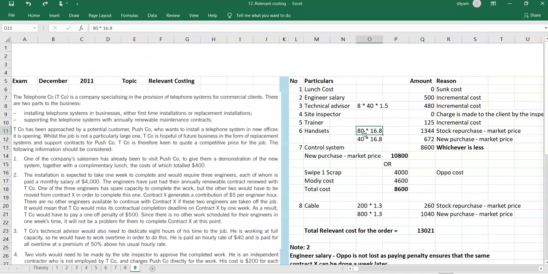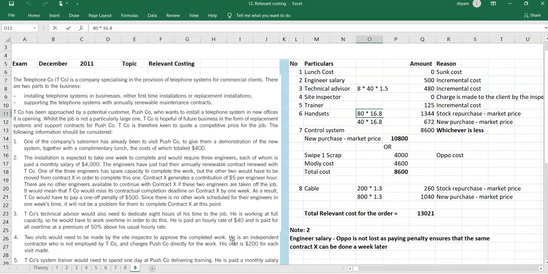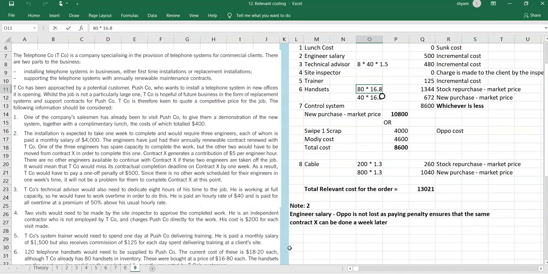So I think we have made a small mistake. The mistake is, handsets should be priced at the current market price. So the current market price is 18.2. So that should be 18.2. And also the current swipe cost, okay, I think it is here.